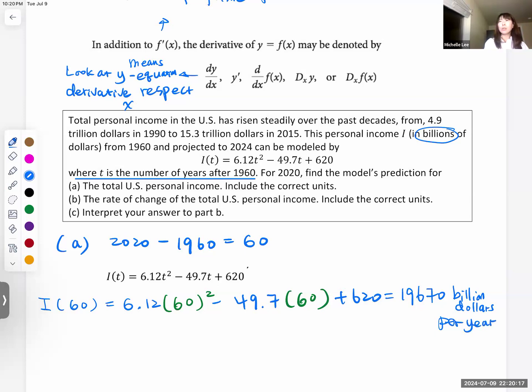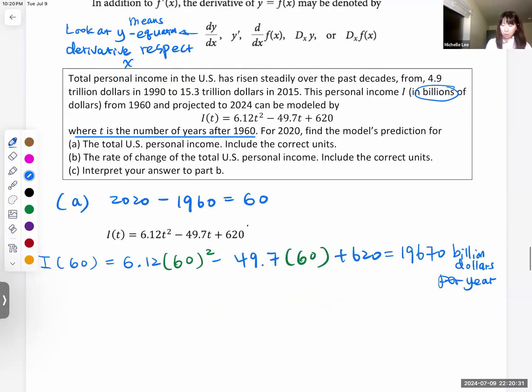Okay, now the second part, rate of change. Usually they don't write down instantaneous rate of change, right? So rate of change means instantaneous rate of change.